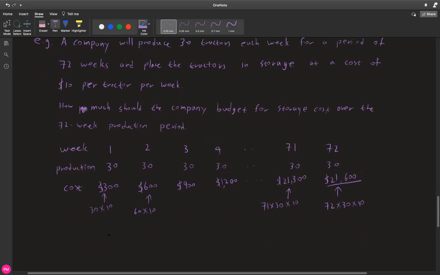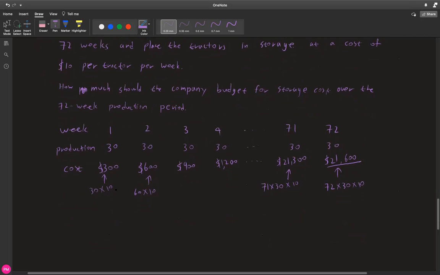So now that we have created a new sequence, 300, 600, 900, 1200, and so on and so forth, we're simply using the arithmetic sum formula. Let me rewrite it for you.